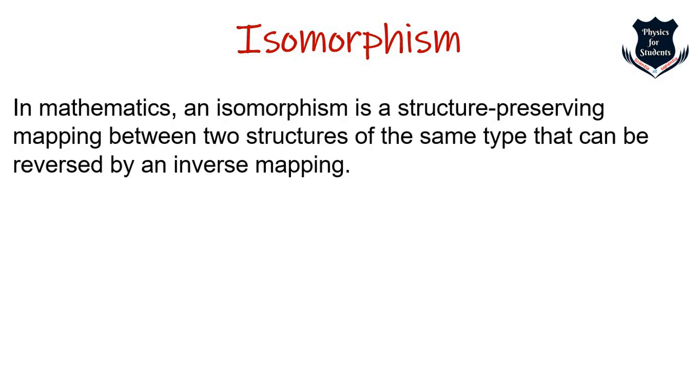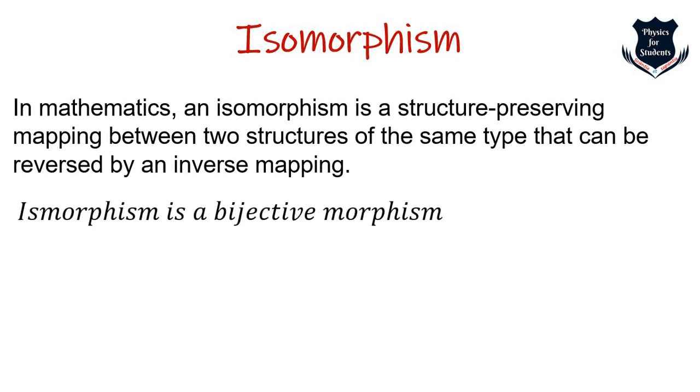We can say two things are isomorphic if they are the same in all the ways that we care about and different in ways which we do not care about. In mathematics, an isomorphism is a structure-preserving mapping between two structures of the same type that can be reversed by an inverse mapping. In technical terms, we can say that an isomorphism is a bijective morphism, which in general means this.